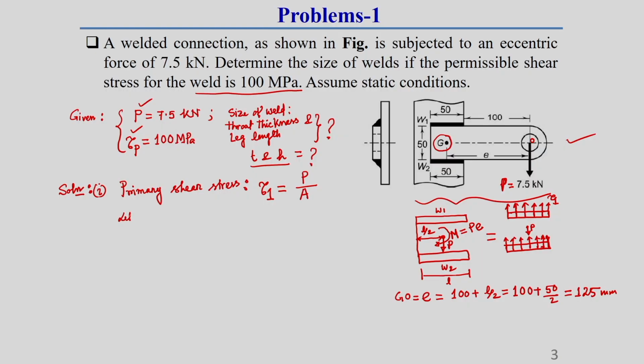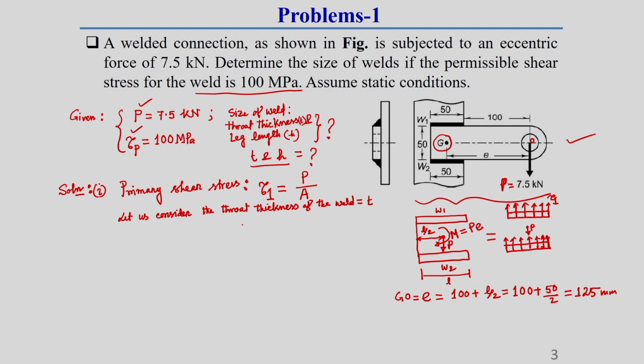So, let us consider the throat thickness of the weld equal to T. What we actually want to find out is T and leg length h.